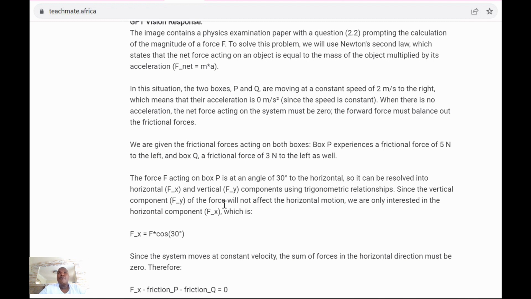Instead of relying on just a textbook, which will explain in a generic way what to do when you have a force acting at an angle to the horizontal, or maybe the vertical, but in this case the horizontal, this explains the problem the learner was struggling with.